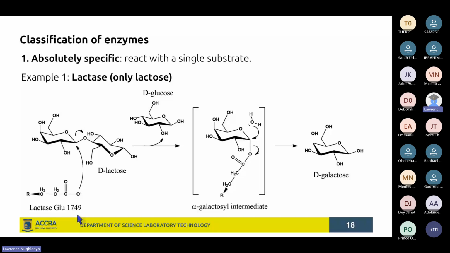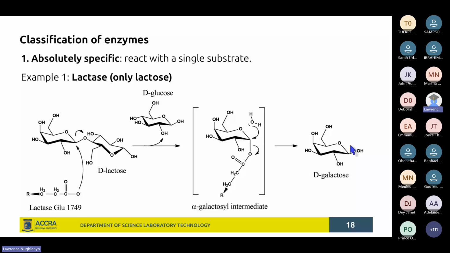This glutamate is what is having a nucleophilic attack on that glycosidic bond and breaking it, so that you have this now lactase binding to the galactose molecule to give you that intermediate, the galactosyl intermediate, which later is hydrolyzed. So you see water hydrolyzing the enzyme off from the galactose, and so the galactose molecule is free, and the glucose molecule is removed there.